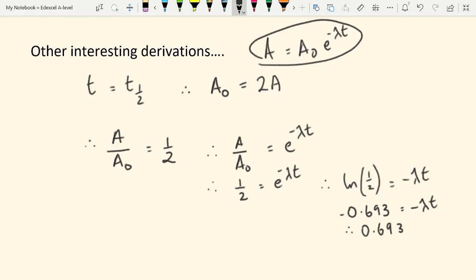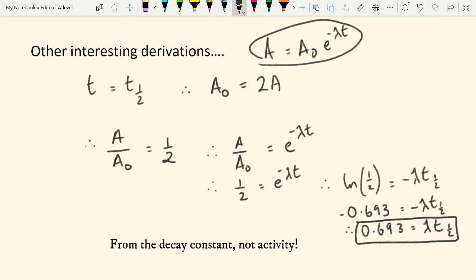0.693 equals lambda t. And of course these are all t a half, because we said at the very beginning that this was valid when A over A0 is equal to a half, and that happens at the half-life. What this means is that using this, you can find the half-life from the activity, or you can find the activity from the half-life.